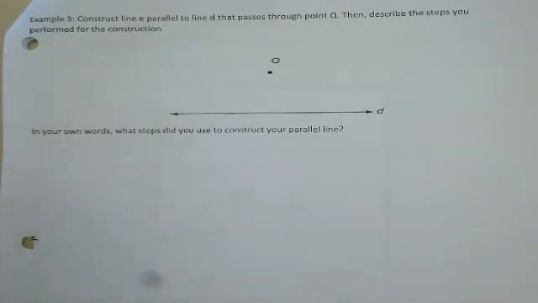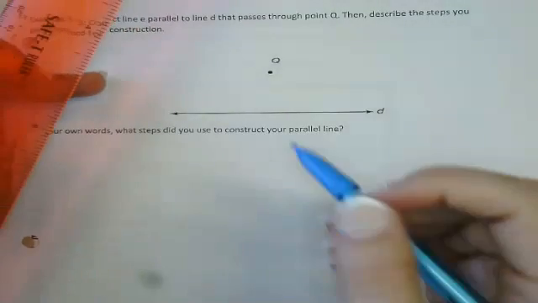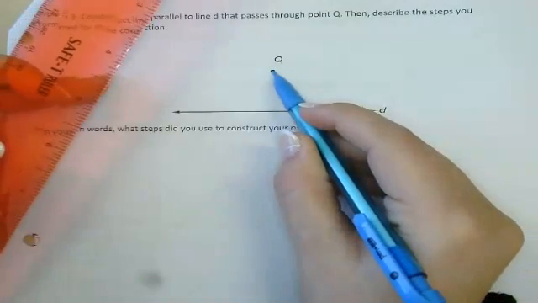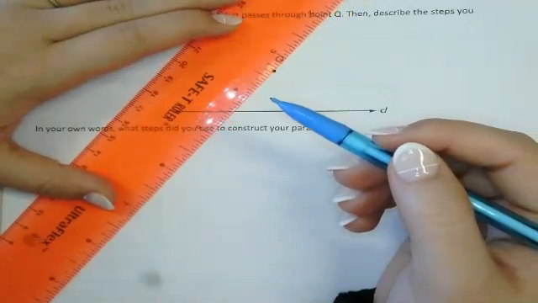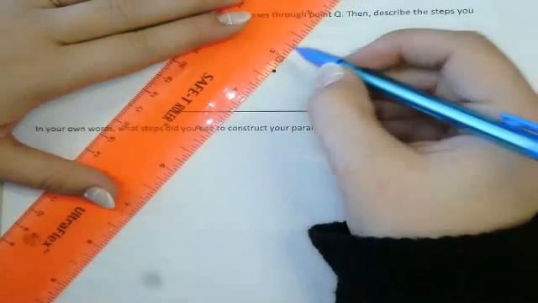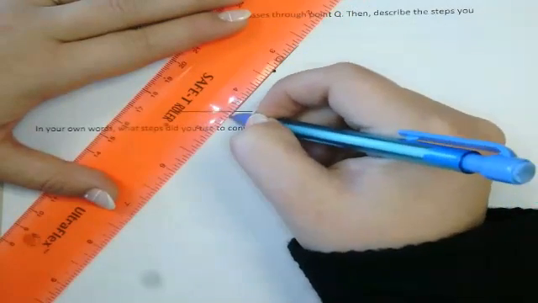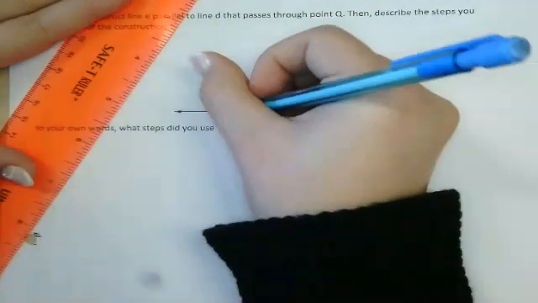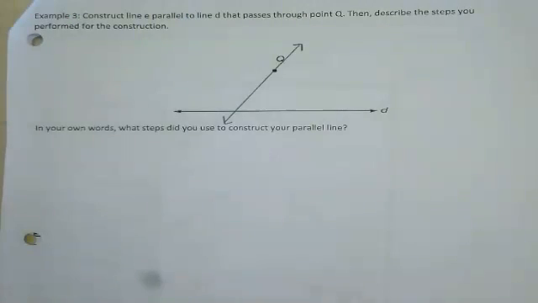Okay, so remember, our first step was to draw some line segment that would intersect the point that they gave with the line segment that they gave. So that's what I'm going to do first. I'm going to take my straight edge and connect point Q with the line that was given. And remember, they didn't specify how this line had to look, so last time we drew it slanted the other direction. You can draw it slanted this direction. They did not specify.